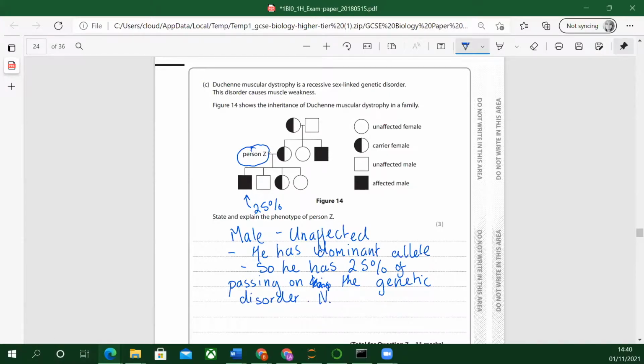Who needs that dominant allele to have an unaffected daughter.